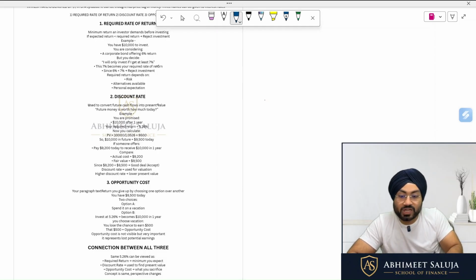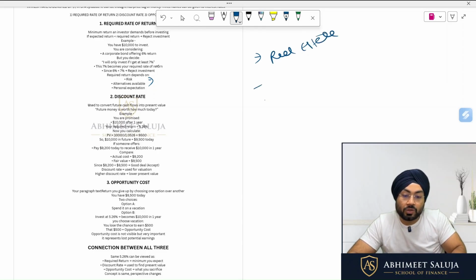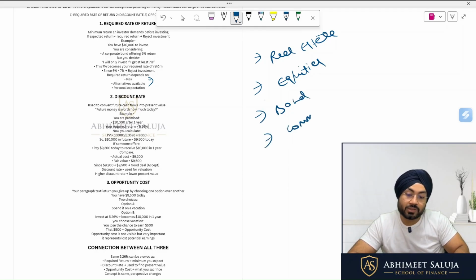What is the risk associated with that particular asset class? Different types of asset classes are available in the market. You can invest in real estate, in equities, in bonds, in commodities.